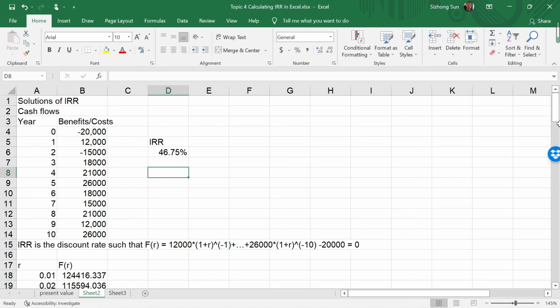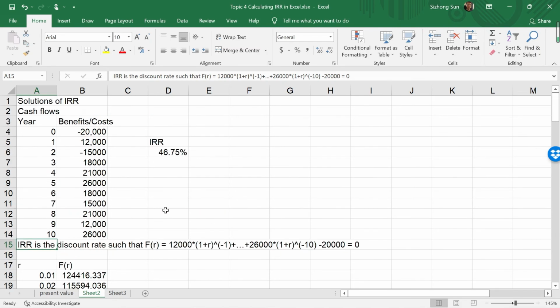Essentially, IRR is to solve this function: 12,000 times (1 plus r) raised to the power of negative 1, plus negative 15,000 times (1 plus r) raised to the power of negative 2, and so on and so forth, until 26,000 times (1 plus r) raised to the power of negative 10, minus 20,000.